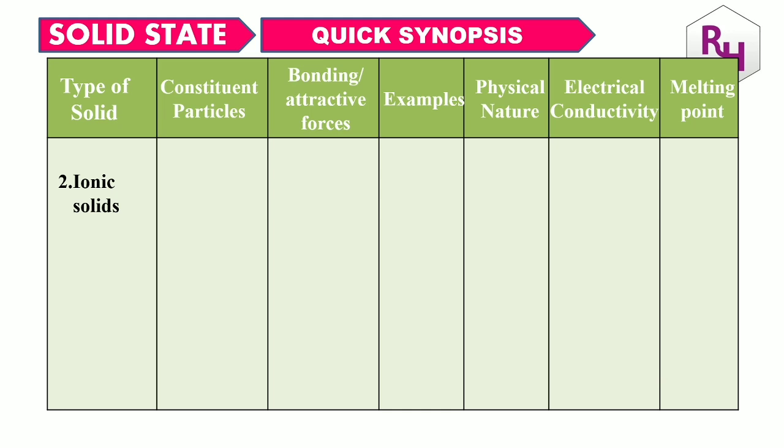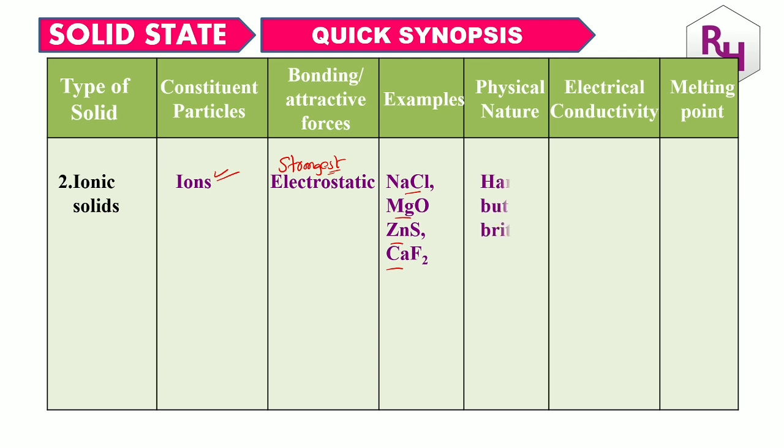Then the second type, ionic solids. In the case of ionic solids, the constituent particles are ions. An electrostatic force of attraction will be present between them. It is the strongest force of attraction, remember. NaCl, MgO, ZnS, CaF2 are examples. Physical nature: hard and brittle.